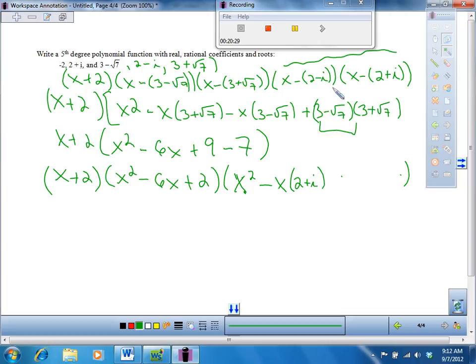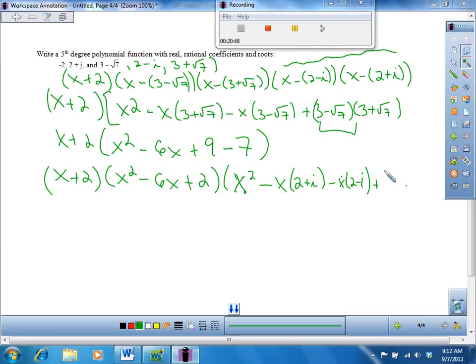X times negative 2 plus i. Then the two inner terms give you minus x times 2 minus i. And then I have to FOIL this thing here, plus this times this, which is 2 minus i times 2 plus i, right? 2 minus i times 2 plus i.